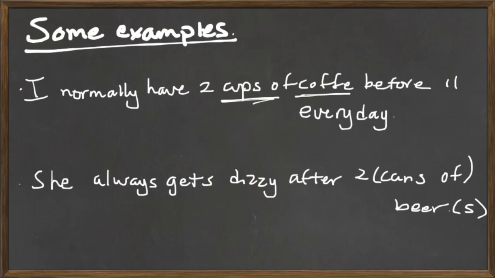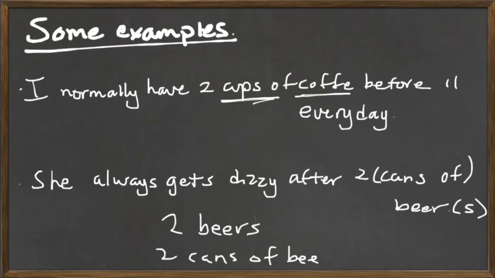Can can also be put in different presentations. You can say 2 cans of beer, and this would be the correct way to say it, but people can also say 2 beers. This is the way people speak, so if that is the way people speak, you should also use it. It's correct also.